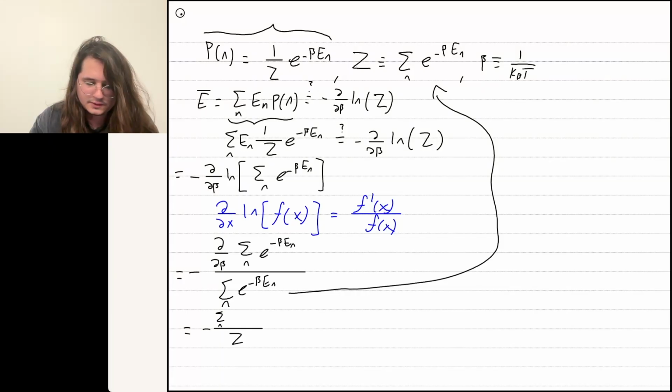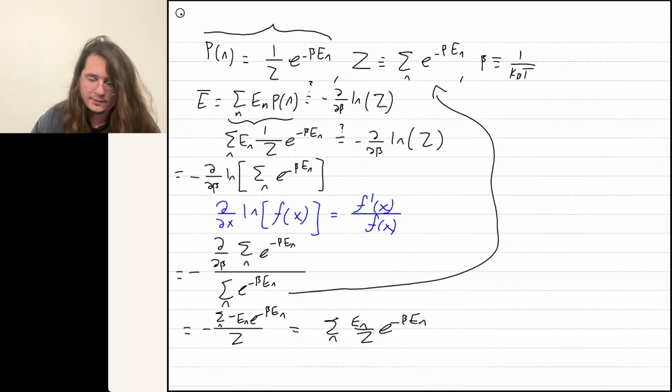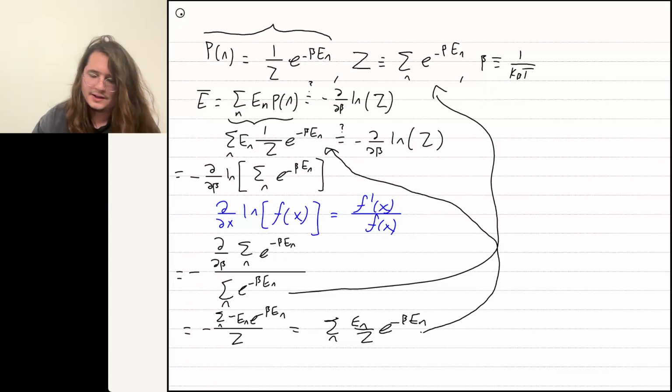So sum on n minus sign E sub n e to the minus beta E sub n. The minus signs cancel out, so you do get sum on n of E sub n over Z e to the minus beta E sub n, which is exactly what I wrote up here. So I know the arrows are getting confusing, but for sure this is a true fact. And we just proved it.